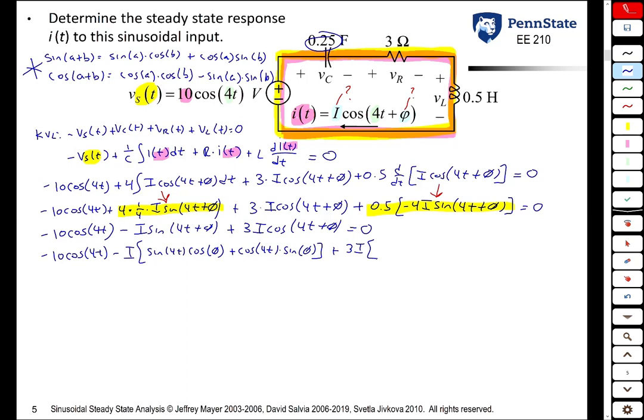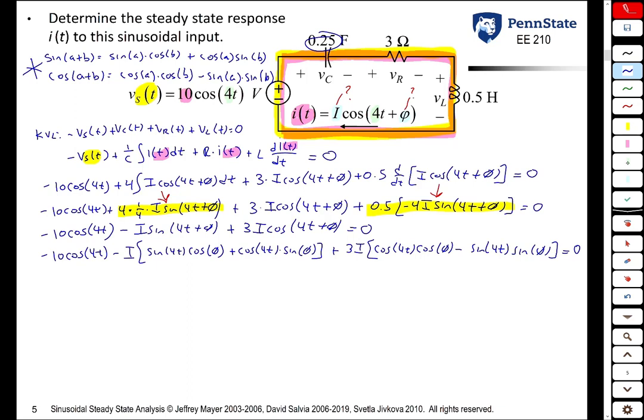Cosine of a plus b is cosine a cosine b minus sine a sine b. So this becomes cosine of 4t cosine of phi minus sine of 4t sine of phi. And once again, all that equals 0.